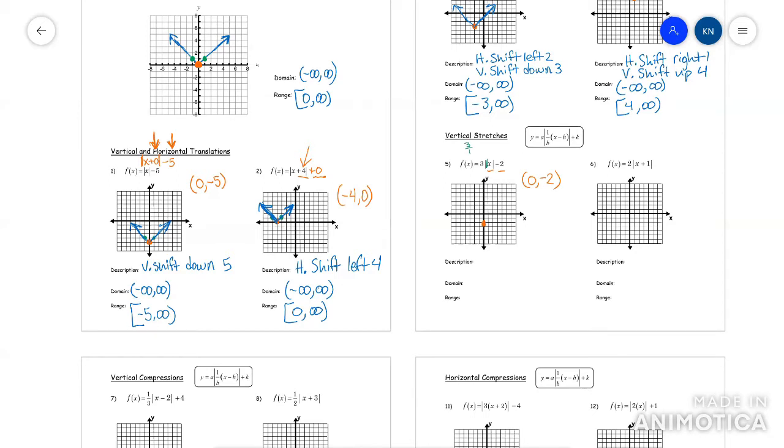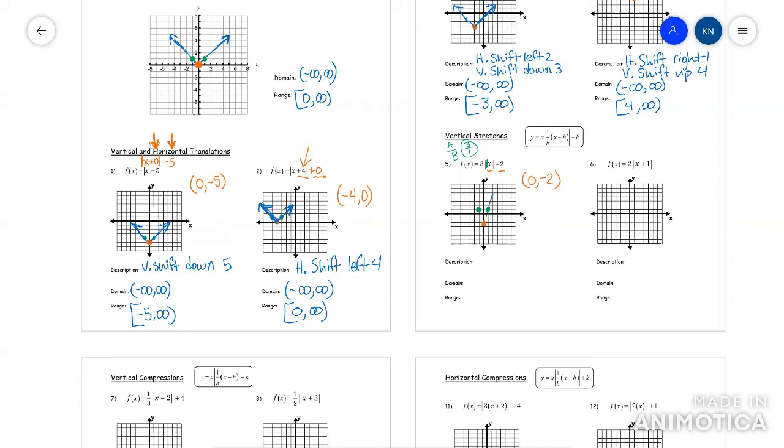Put A over B, 3 over 1. That's the slope from this orange dot. So what I mean by that is, from this orange dot, rise 1, 2, 3, run 1 either direction. That's where your next dots are going to be. It's like A over B kind of thing.